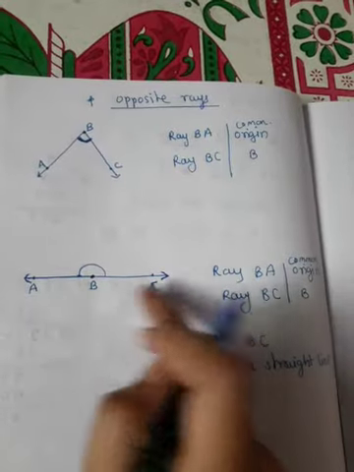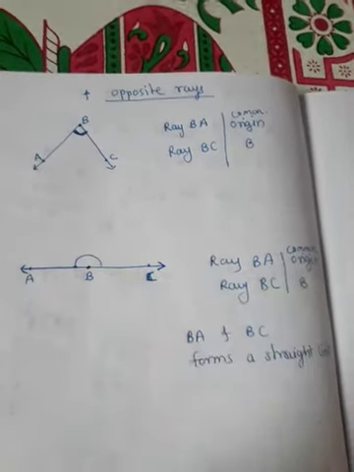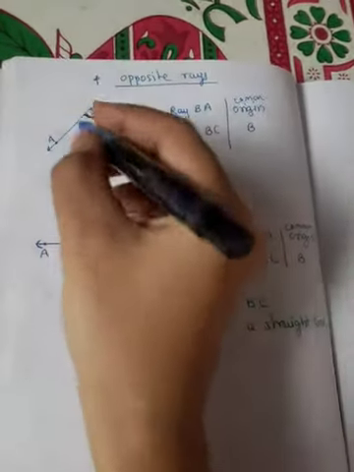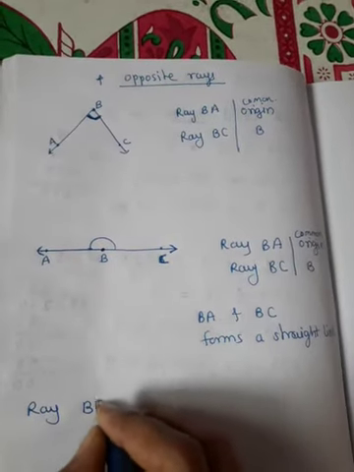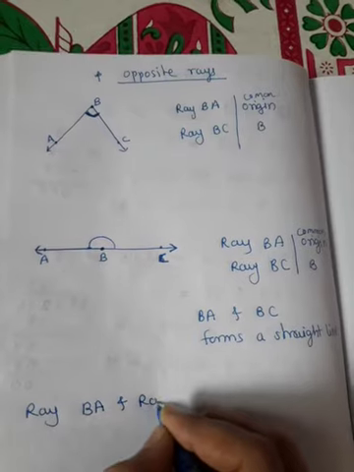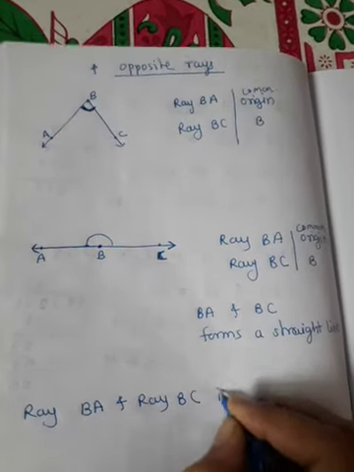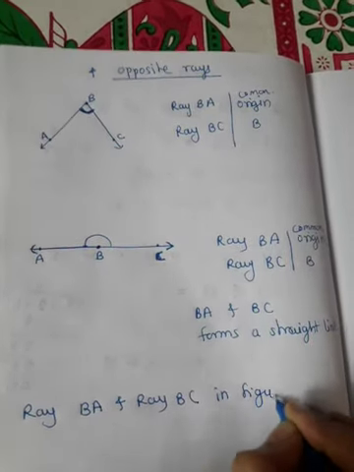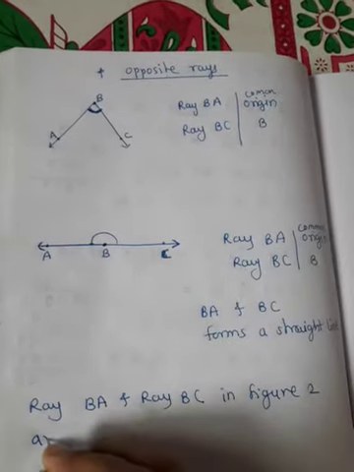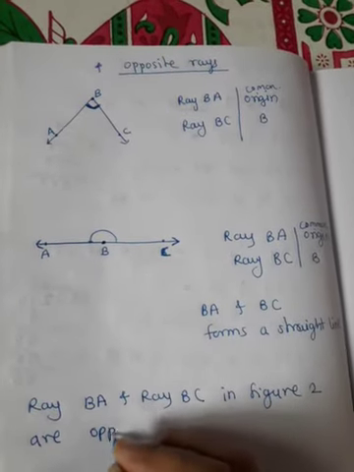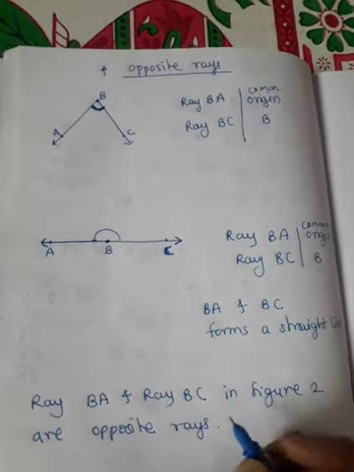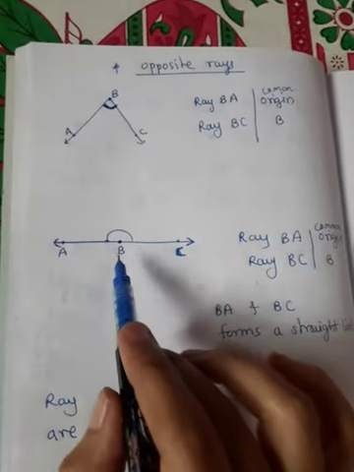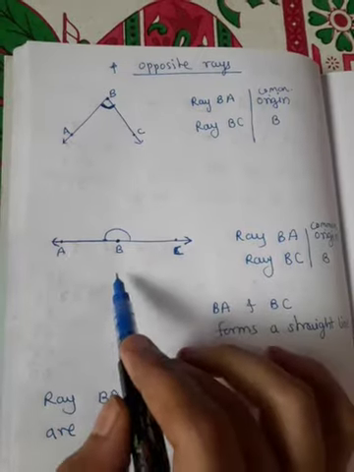Ray BA and BC are in opposite directions. So the rays BA and BC in figure 2 are opposite rays.